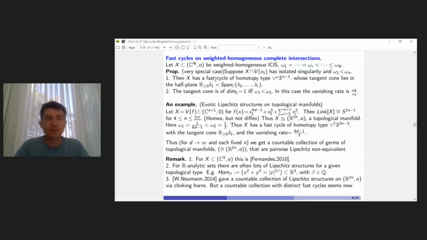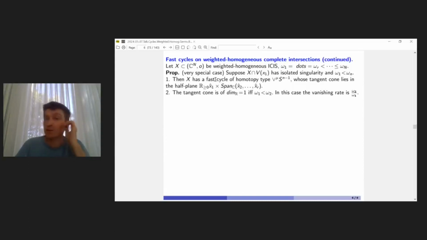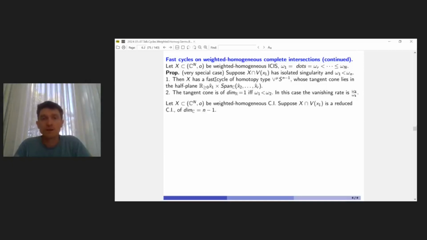So once again, here I spoke about this proposition, this very special case. Now let's try to generalize it a little bit. Here we assumed an isolated complete intersection. Now let's try to move to the non-isolated case. So suppose, once again, X is weighted homogeneous, and suppose the intersection with the hyperplane of the lowest weight is a reduced complete intersection, just reduced.